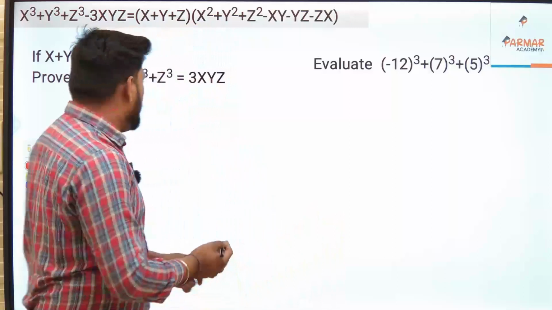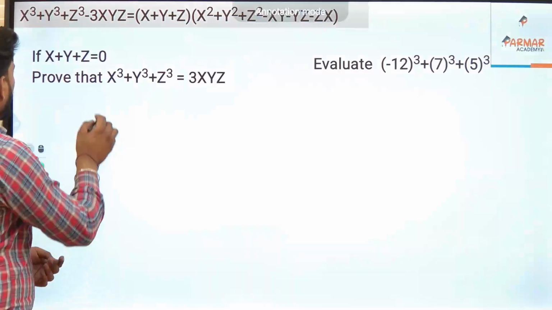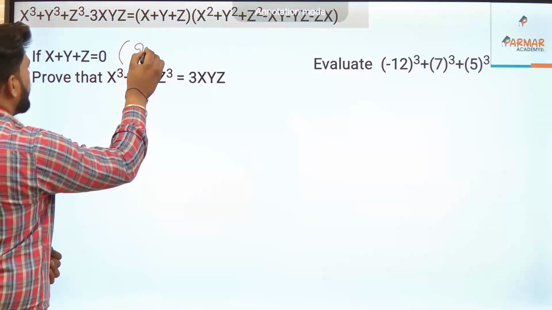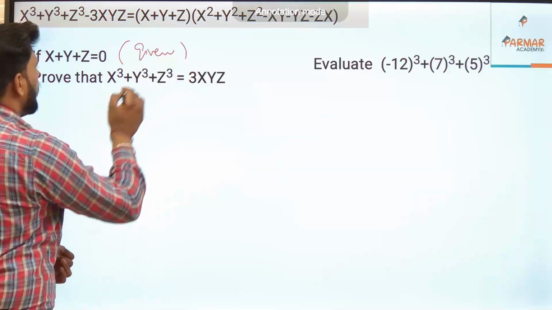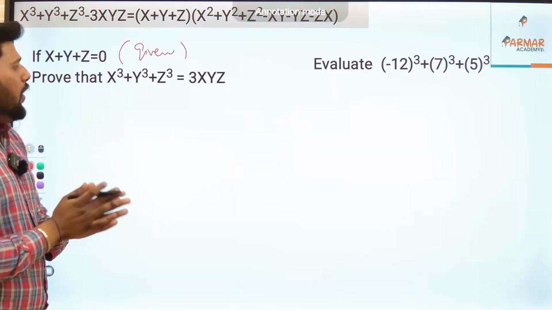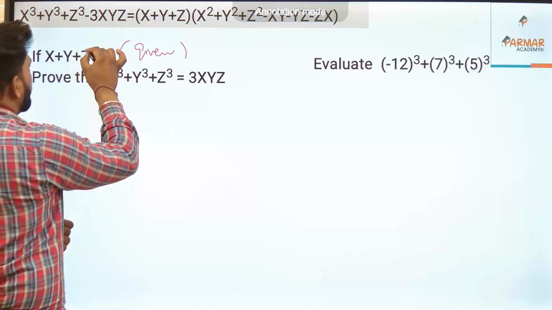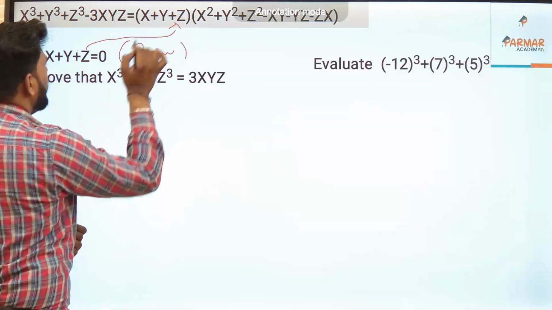And this is very much easy. So simply what is given to us? This is given that x plus y plus z equal to 0. So you have to replace x plus y plus z equal to 0 here in the identity.